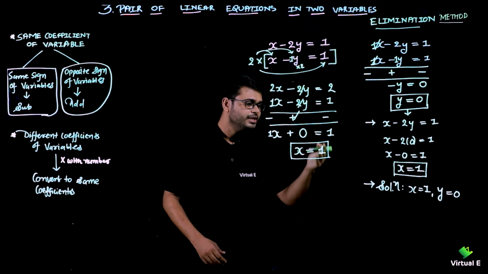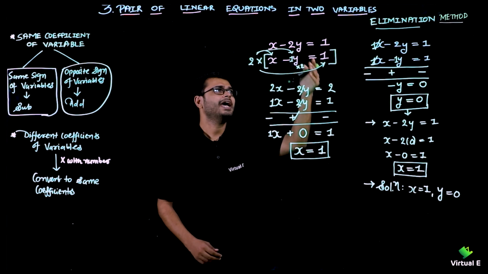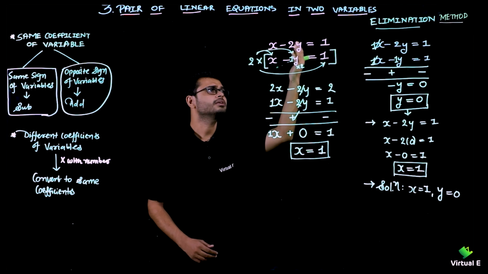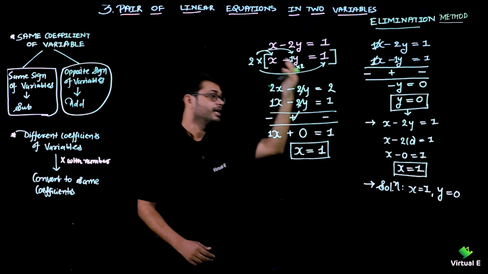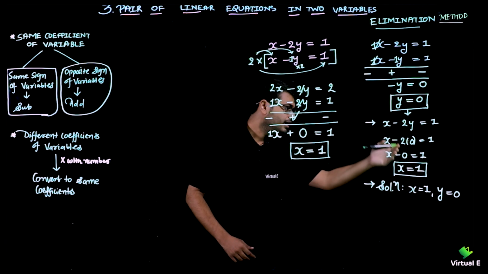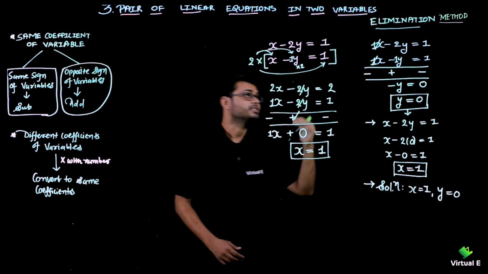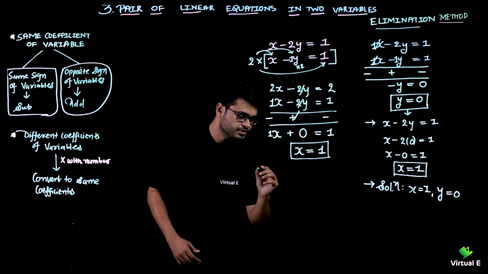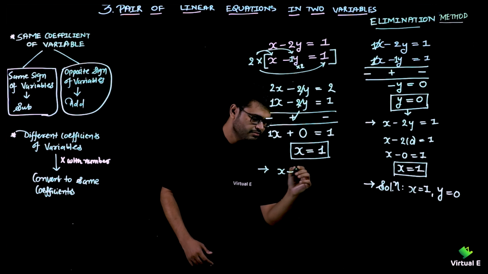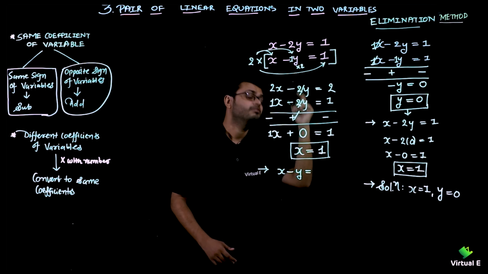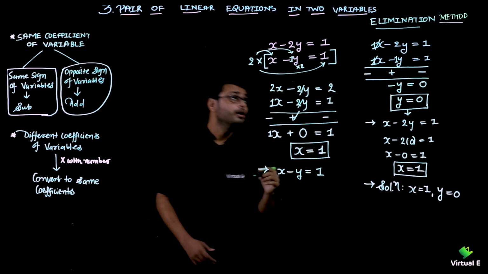So I'm substituting the value of x in any of the equations. Let me put in the second equation this time, because I substituted the value of y in the first equation in the previous case, right? So x minus y is equal to 1 is the equation.